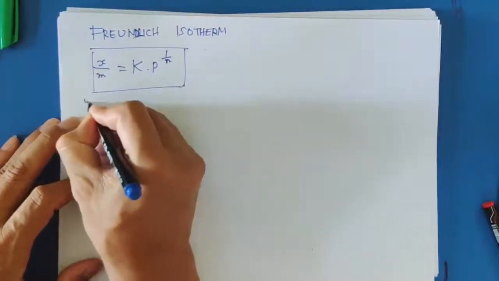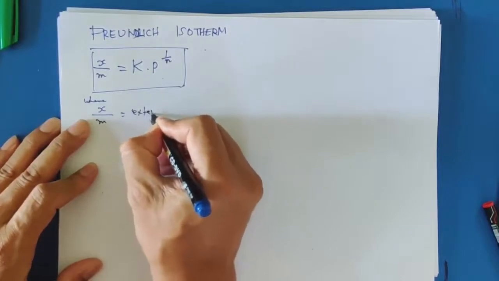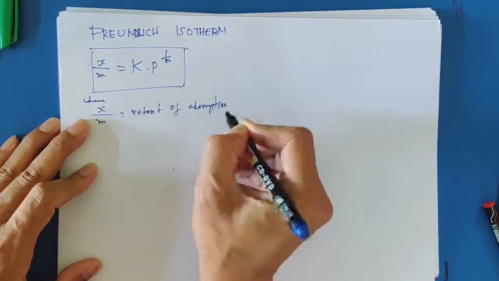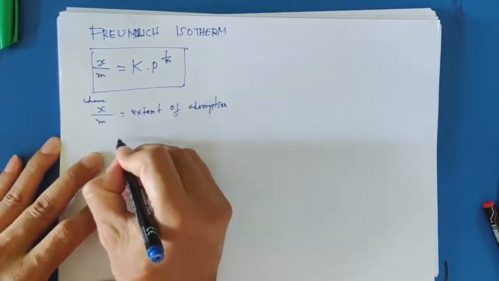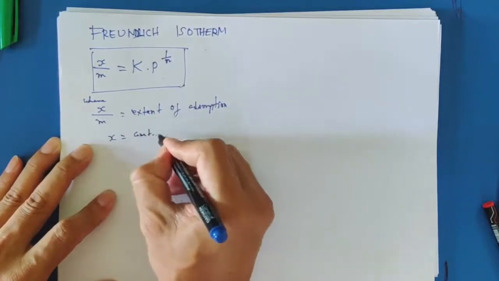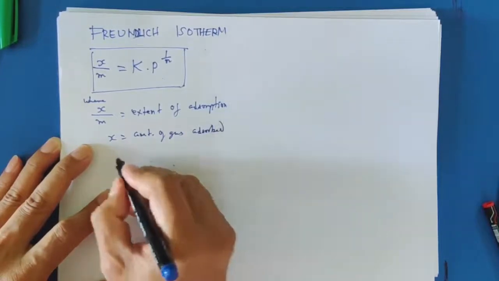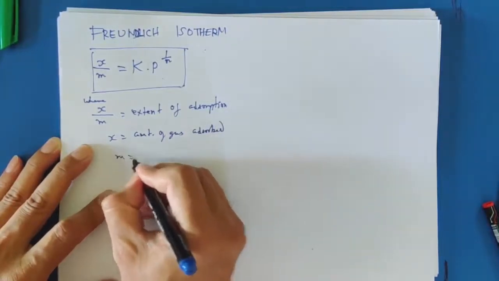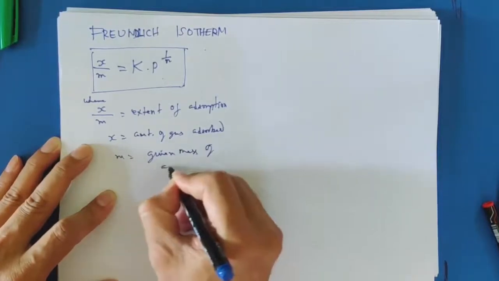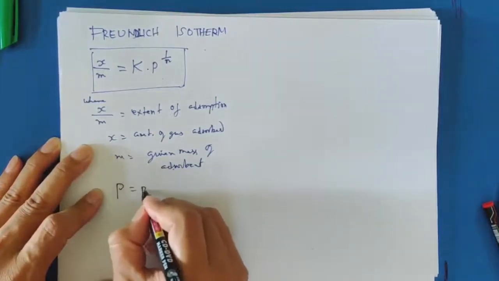Where x by m is the extent of adsorption, x is the amount of gas adsorbed, m is the given mass of adsorbent, and P is pressure.